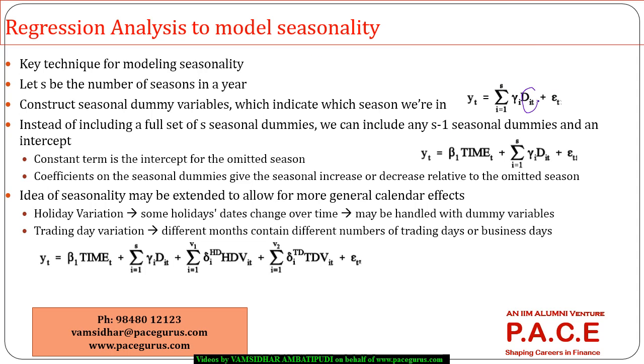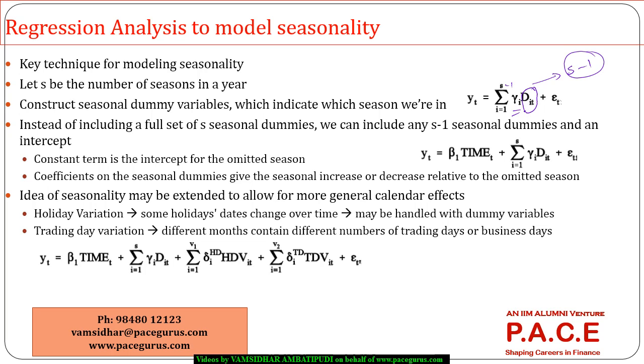So this is the dummy variable D_it, which will have values 1 and 0, and it will have S minus 1 dummy variables. I would include S minus 1 dummy variables, and each one will have a different coefficient altogether. That's how the regression model comes into picture.